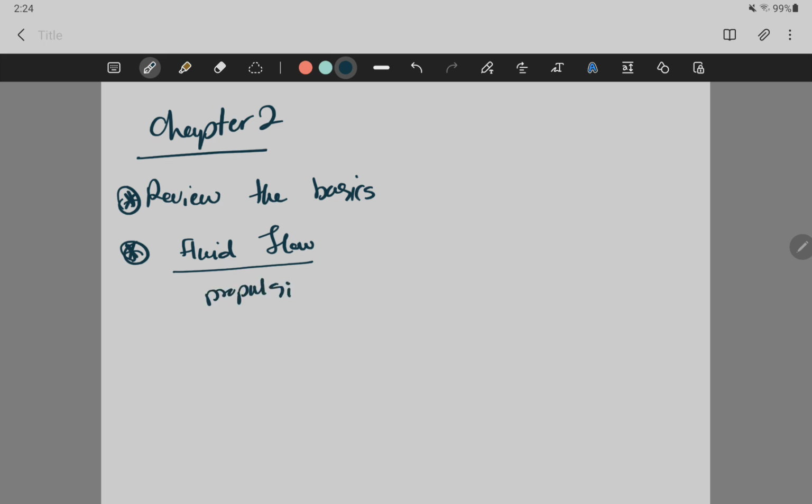So propulsion-focused fluid flow, if you will. Well, what are the specifics of fluid flow when it comes to propulsion? What are the differences, or what are the things that we need to consider when we are talking about the fluid dynamics of propulsion?